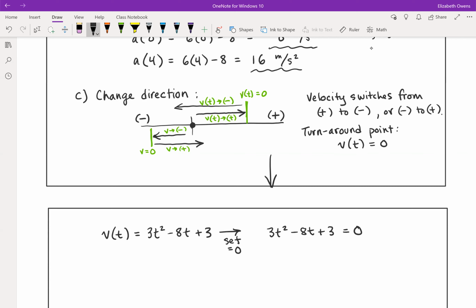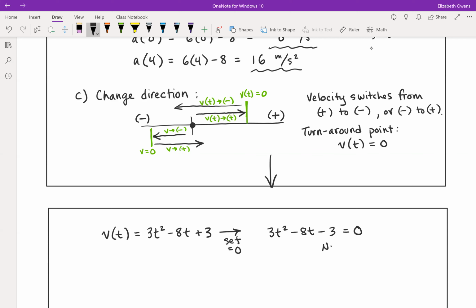The very unfortunate thing about this particular example is that it doesn't factor nicely. I tried. It looked like it was going to. I thought it might do something like this, but then it turned out that the signs didn't work for the very last term. If only that were a minus instead of a plus. So this doesn't factor, unfortunately. But that's just part of life in calculus.